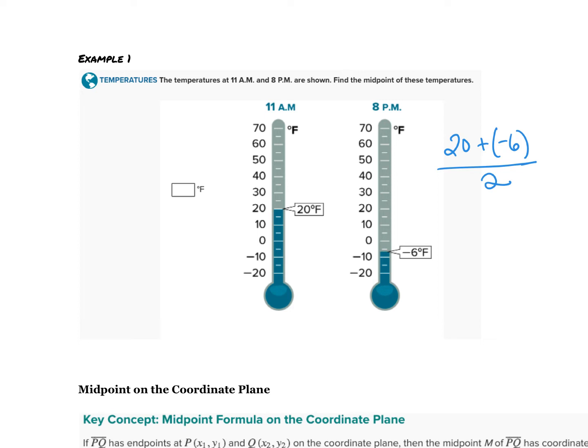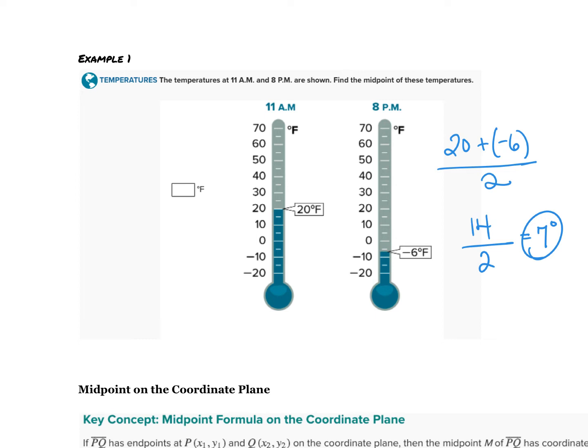Taking the average will give me the specific temperature. So 20 plus a negative 6, I believe, gives me 14. And when I divide that by 2, I get 7 degrees.